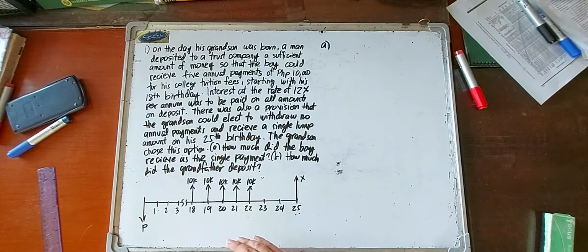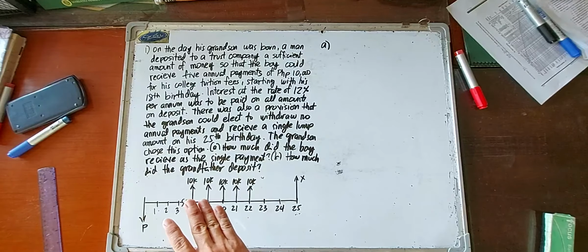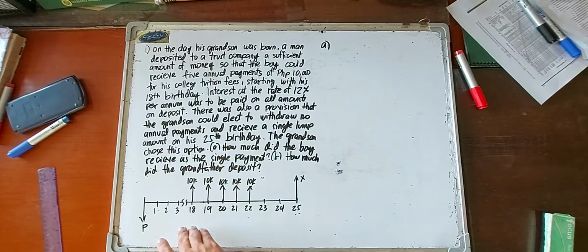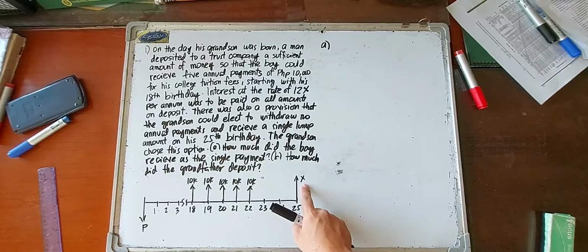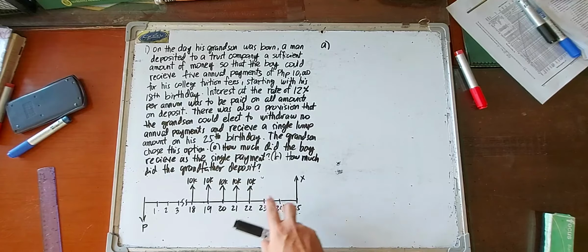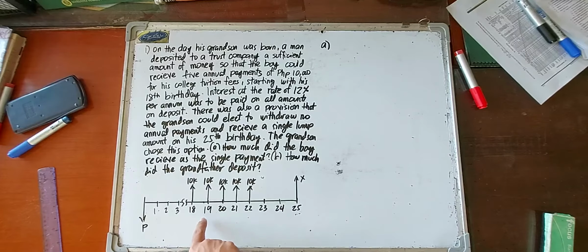So let's apply the concept of economic equivalence. That means we're going to determine a certain focal point in the cash flow diagram. Okay, saan kaya yung focal point natin? The value of the lump sum that he receives on the 25th year should be equal to the value of these periodic payments.